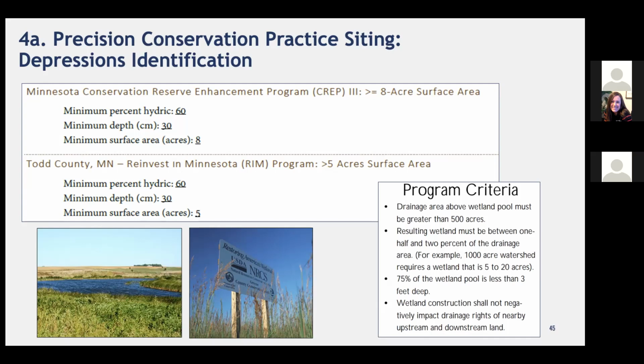So if you're trying to identify depressions that might be compatible with Minnesota's CREP program, it might be important to consider some of those thresholds as what you would use in the tool. I've also included Iowa's program criteria here, but just considerations as you look for those depressions in the landscape.